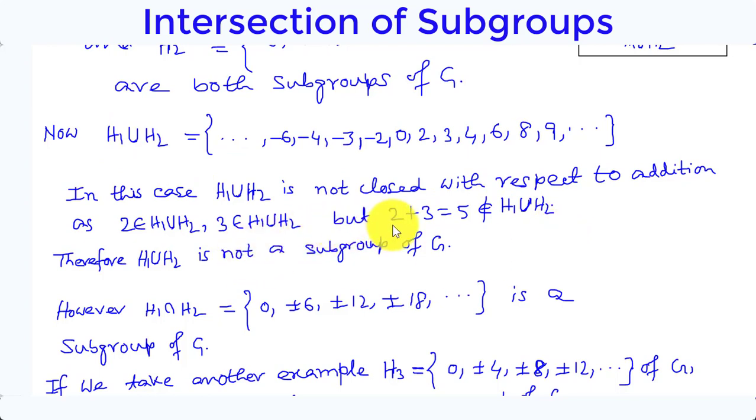Similarly, we can see that 3 belongs to H1 union H2, 4 belongs to H1 union H2, but their summation 3 plus 4 is equal to 7 does not belong to H1 union H2. Therefore, H1 union H2 is not a subgroup of G.